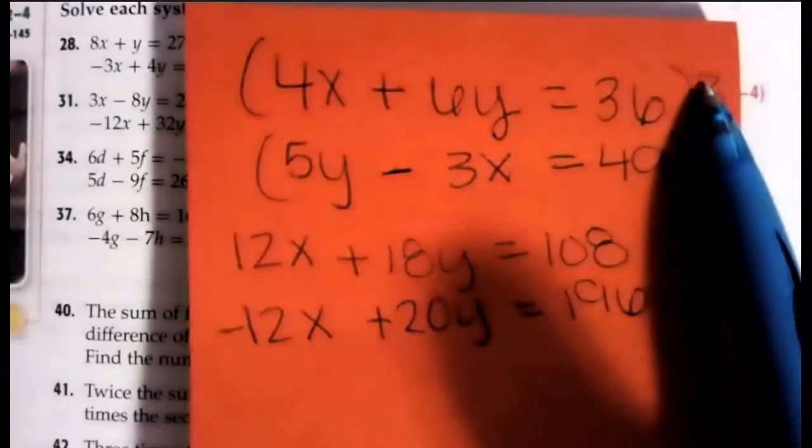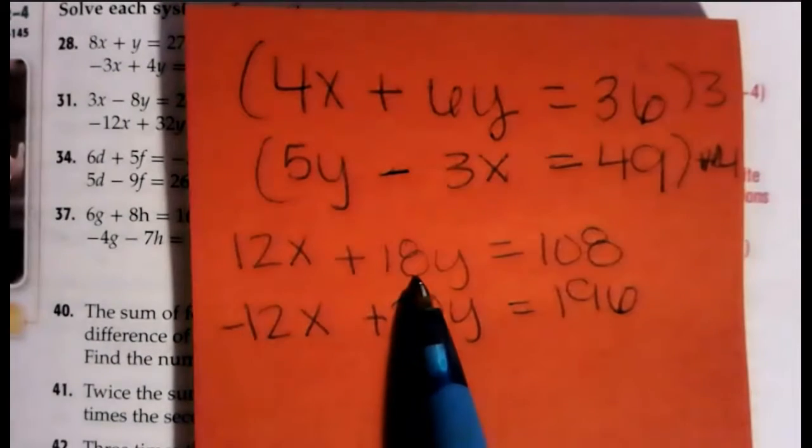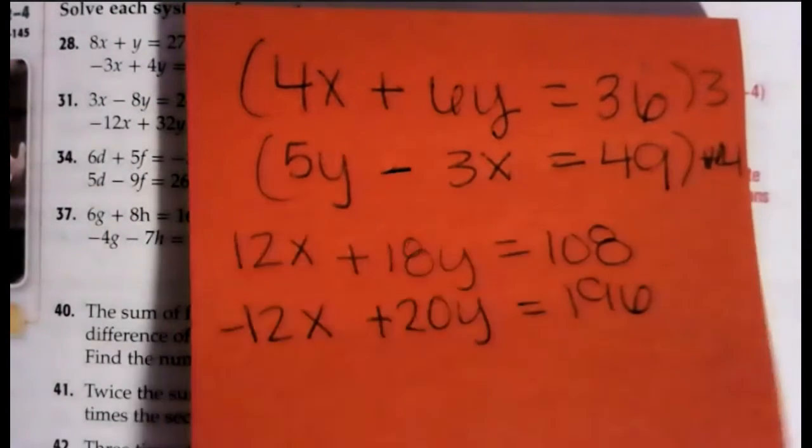So when you do that, 3 times the top gave you 12x plus 18y equals 108.